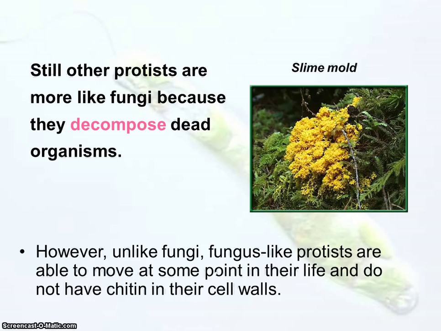But unlike a fungus, and we haven't talked about fungus yet, but fungus have a type of material that forms the cell walls of a fungus called chitin, okay, however you want to say it. But these fungus-like protists do not have that particular compound or substance that forms their cell walls.